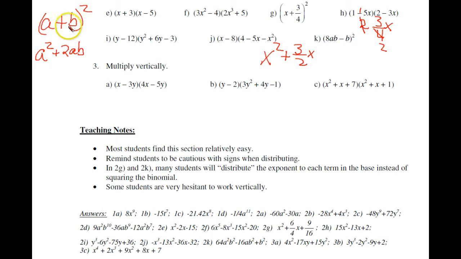And then we square this last term, and that just becomes b squared. Well, we're going to square this fraction, and this 3 times 3 is 9, and 4 times 4 is 16. So this is letter G here. Let's see if we can find it right here.